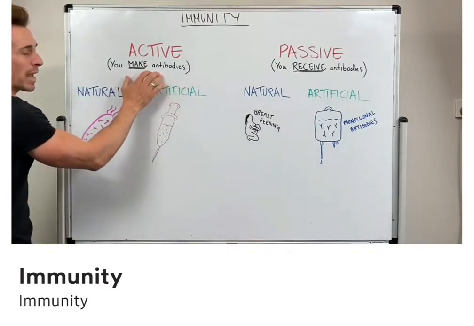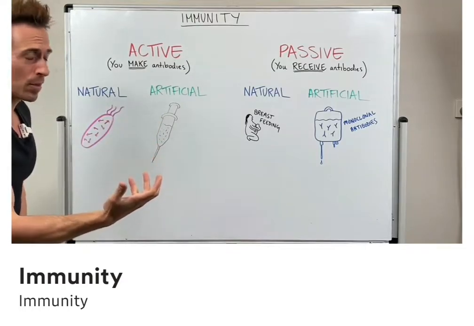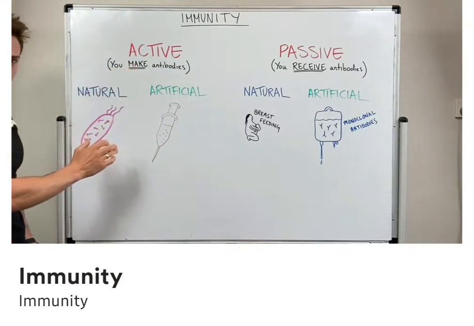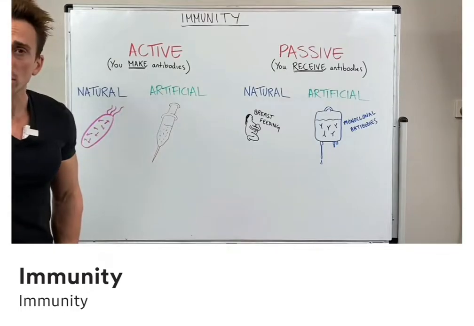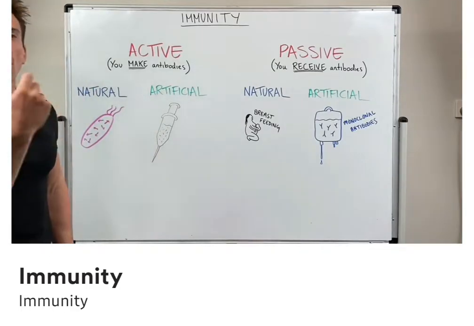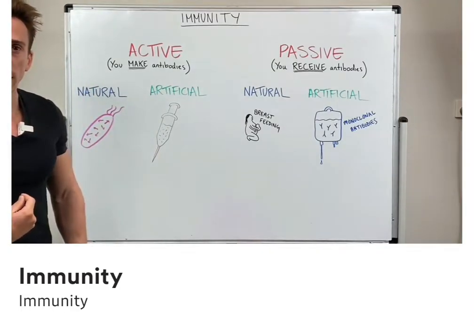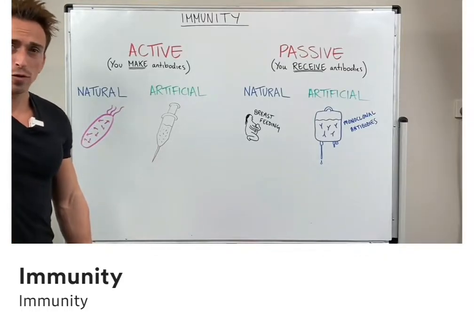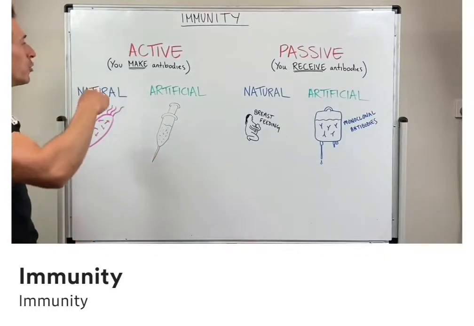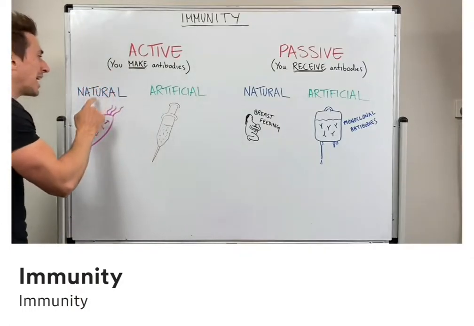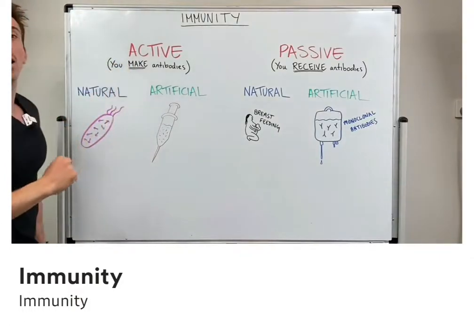So if you're developing antibodies yourself, so active immunity, a natural type of active immunity is if you come across a pathogen. So that means some bacteria or virus or fungi gets into your body, it's got the antigens or flags or proteins on their surface, and you make antibodies against them. That's naturally acquired active immunity.